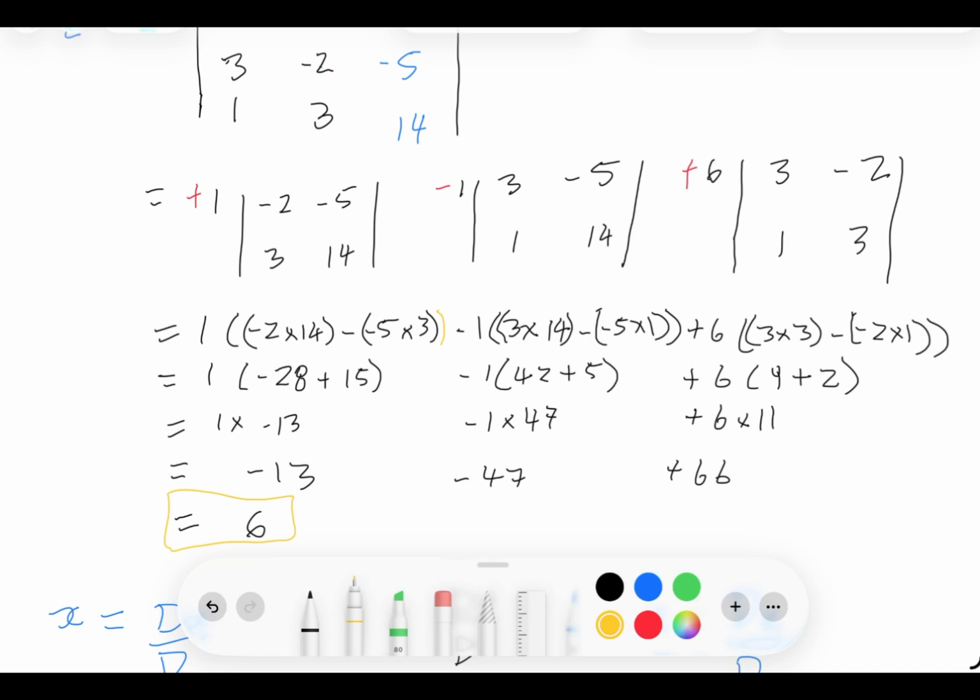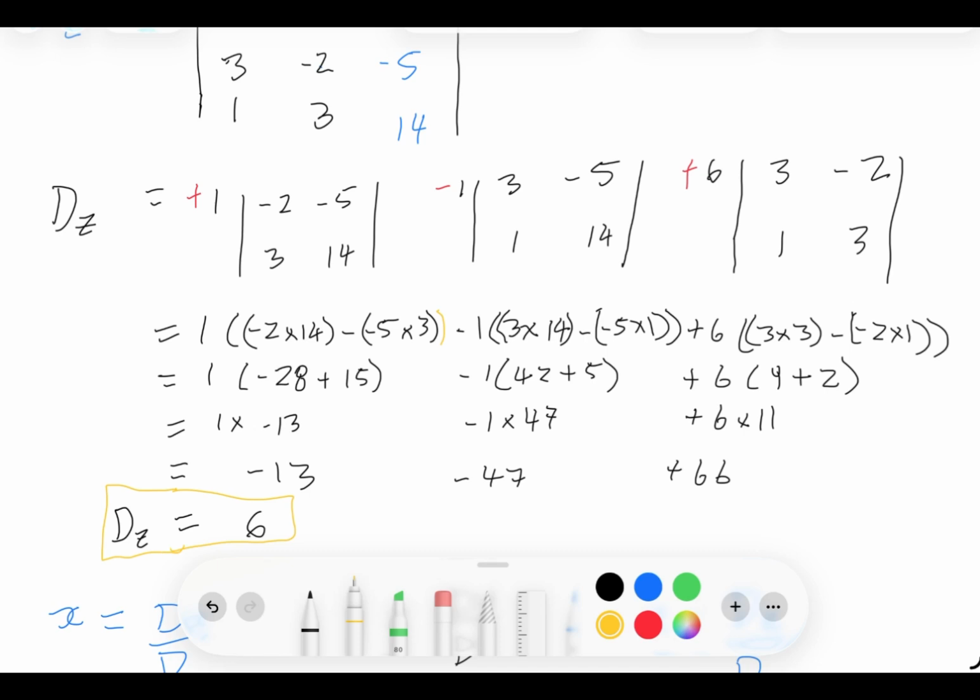That will be equal to 1 times -13 minus 1 times 47 plus 6 times 11. That's equal to -13 minus 47 plus 66. So then dz equals 6.